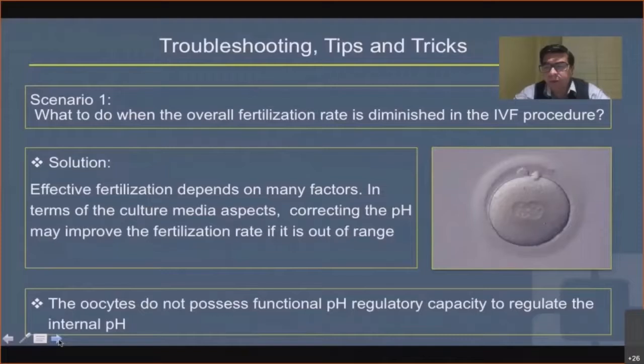So correcting the pH may improve the fertilization rate. We need to consider that the oocytes don't possess any functional pH regulatory capacity to regulate the internal pH when the external pH in the culture media is out of these physiological ranges.